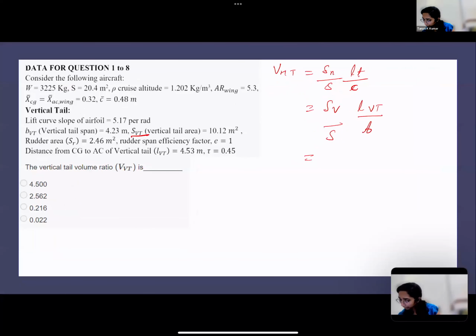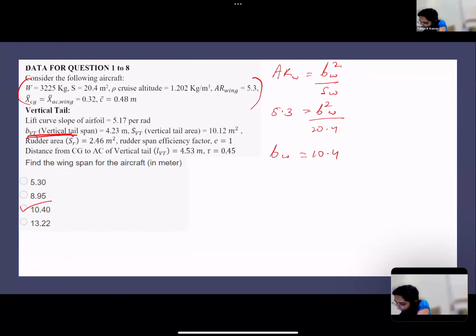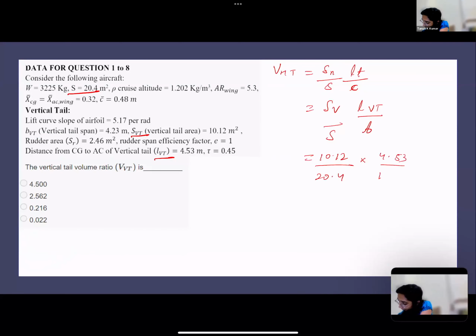So SVT you have, yes, S you have, LVT is given to you, and B we just found, B of the wing. So let's just substitute all of these parameters. That is 10.12, S is 20.4. LVT is 4.53. B was 10.4. Let's try solving this. Can you tell me how much is this?